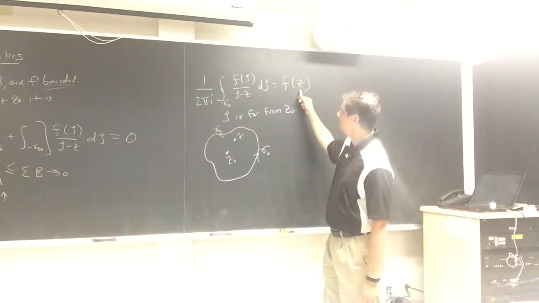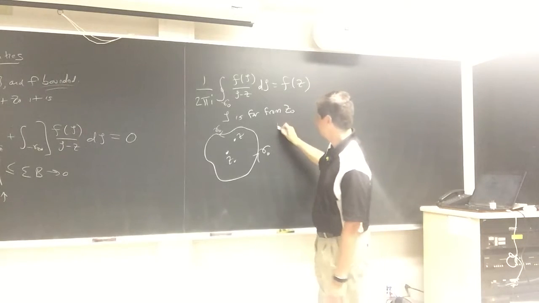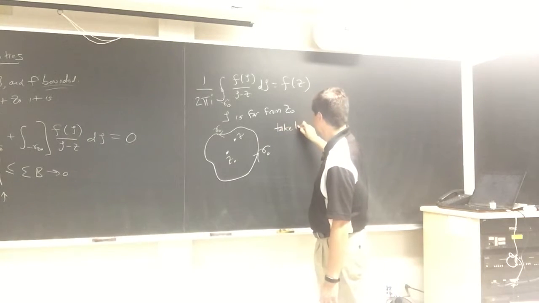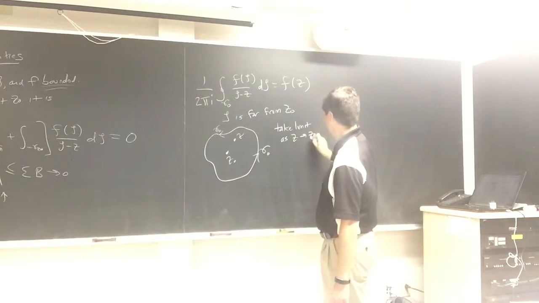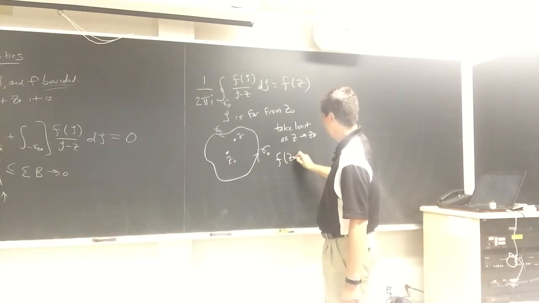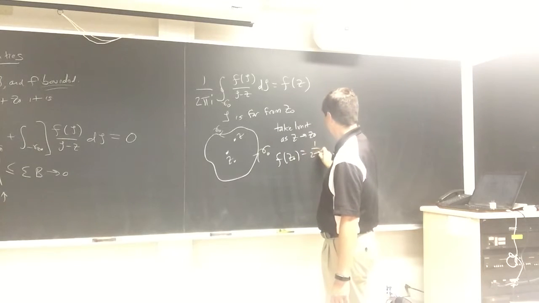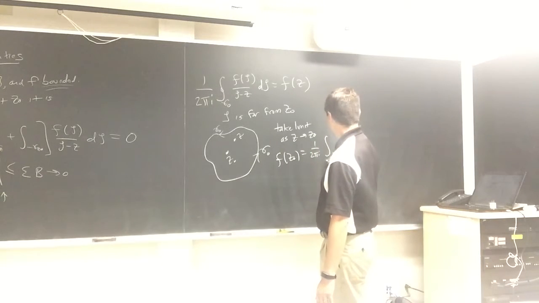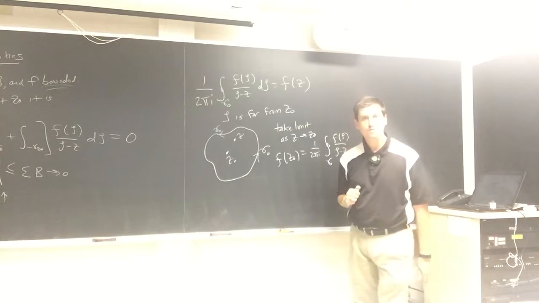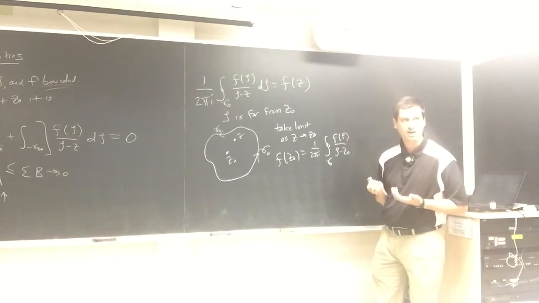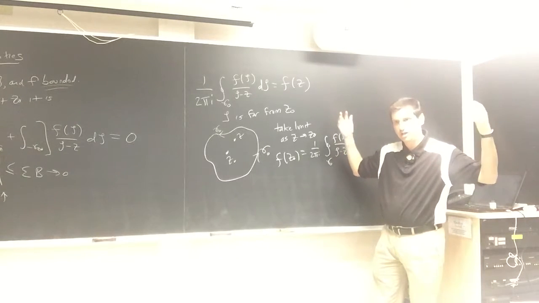And now we can take the limit as z approaches z0. And then we get f of z0 is 1 over 2 pi i integral over gamma naught of f of zeta over zeta minus z0. Which, if you think about it, is exactly how you would expect to define f of z0. It's equal to the integral over the boundary. In complex analysis, you start on a boundary and you fill inward.